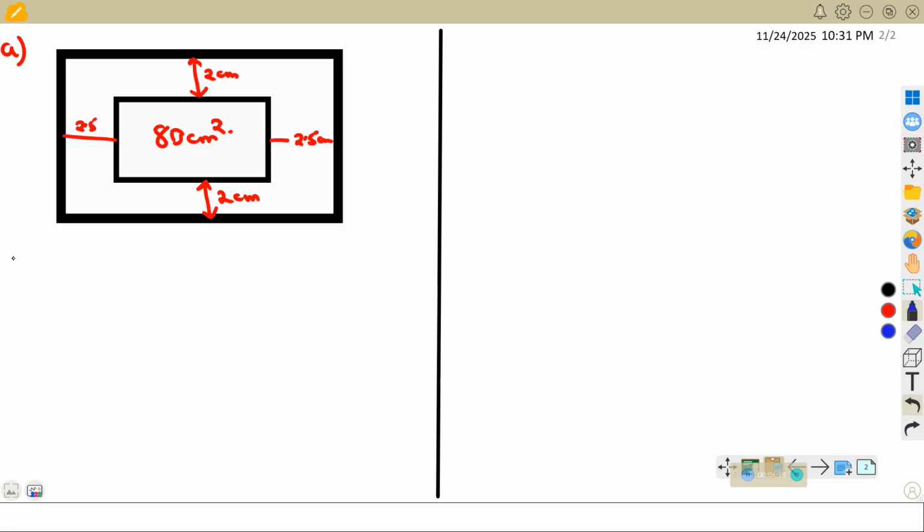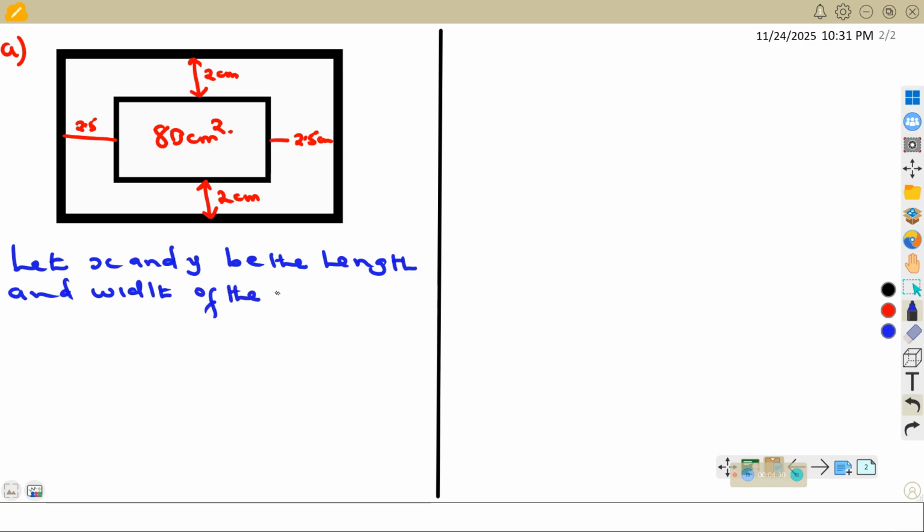What we shall do first is let x and y be the length and width of the advertising space.